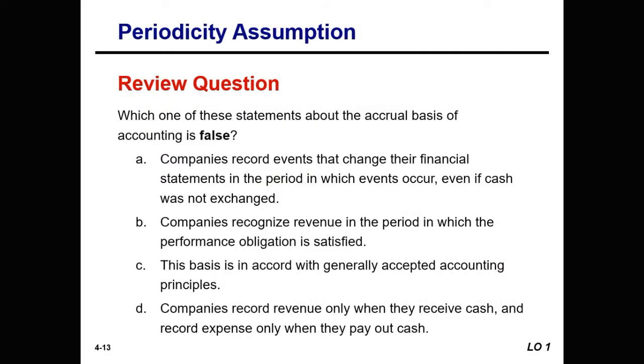So based on your reading, which one of these statements about the accrual basis of accounting is false? I'll give you just a minute to read these over and determine what you think the answer is.